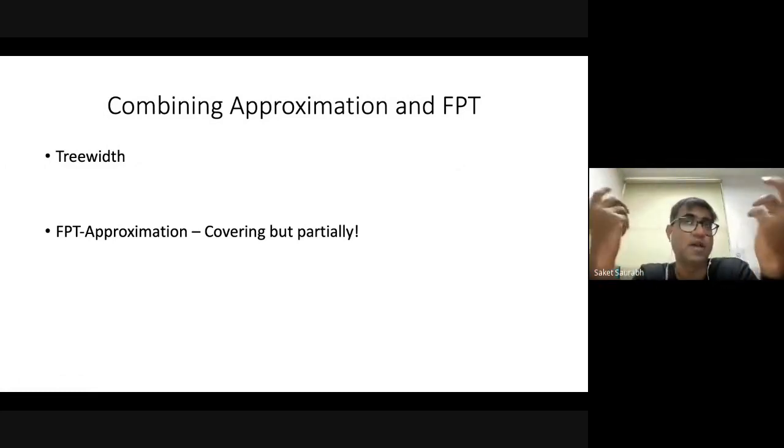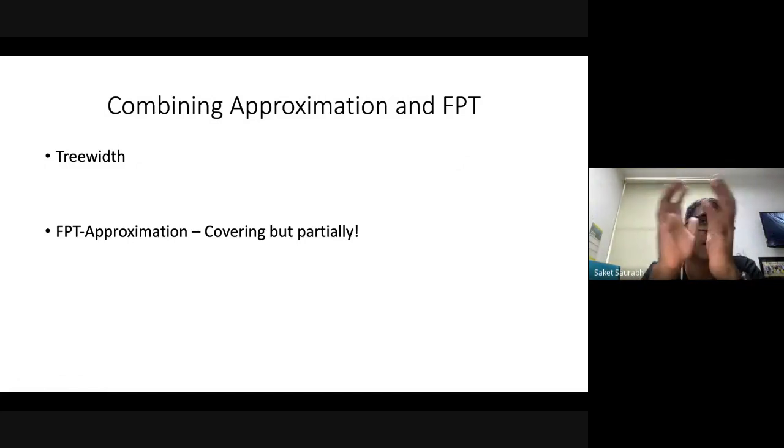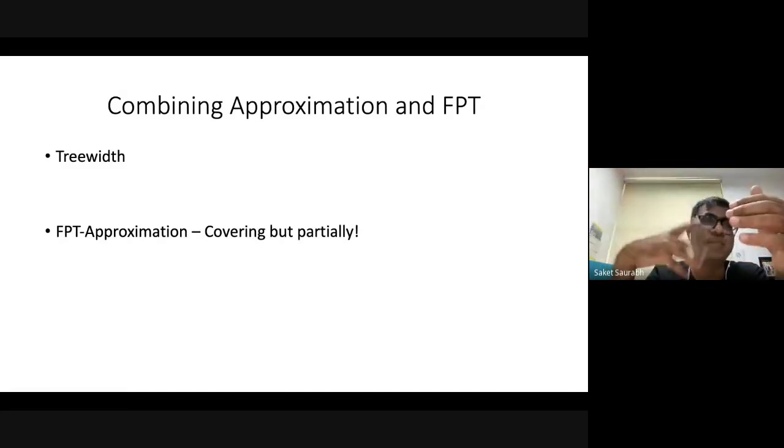For example, we'll look at covering constraints or covering objects, the prototype covering problem that we spoke about. Say I give you some budget, and it's okay that you don't cover all the constraints, but given this budget, try to cover as many constraints as possible.